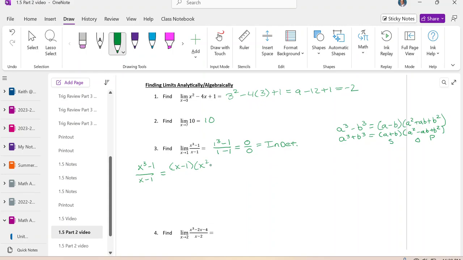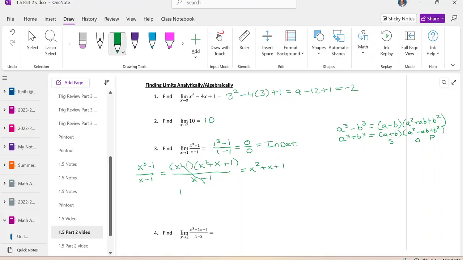So for the top here, it would be x minus 1, and then it would be x squared plus x plus 1, all over x minus 1. So if you notice, this cancels, and it leaves you with x squared plus x plus 1.